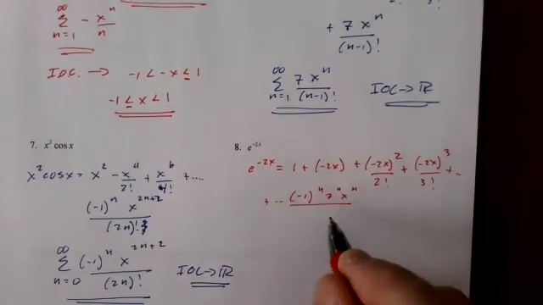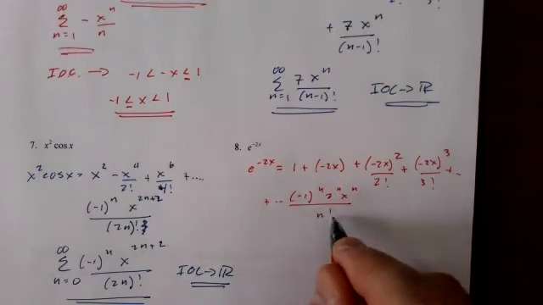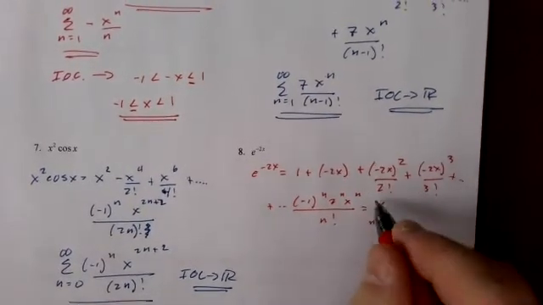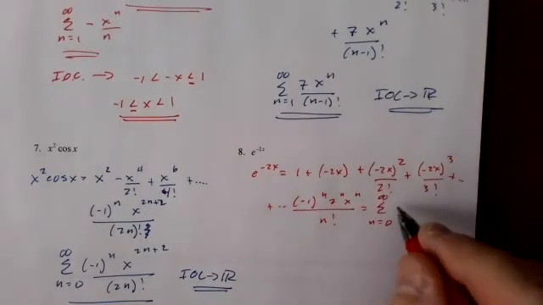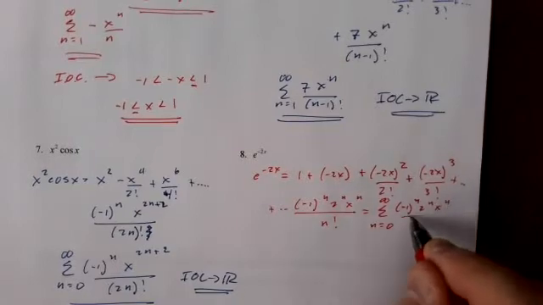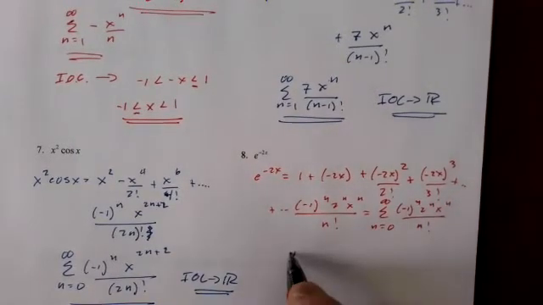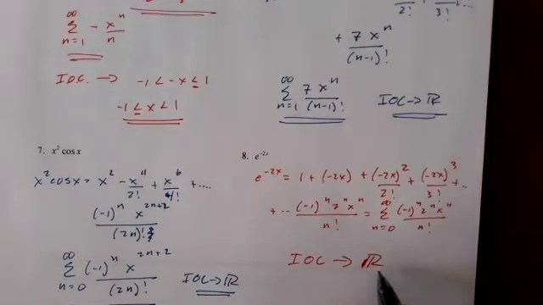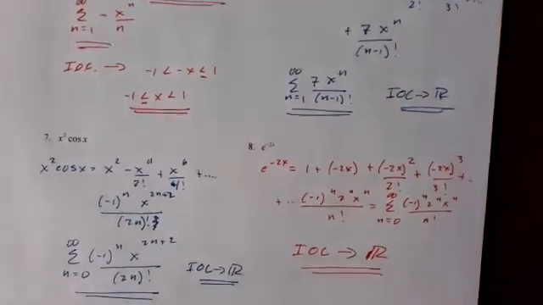Yes, I could have smashed them together. Equals sum from n equals 0 to infinity of negative 1 to the n, 2 to the n, x to the n over n factorial. IOC, all real numbers.